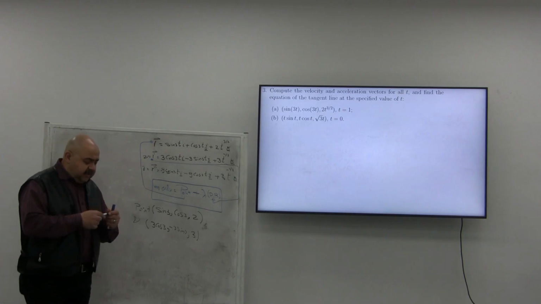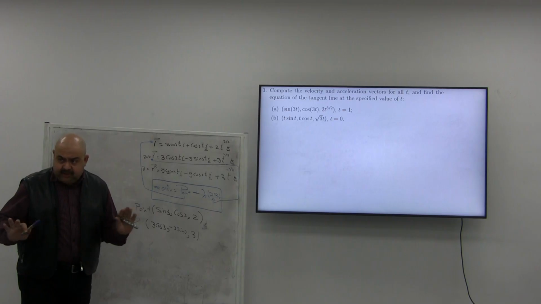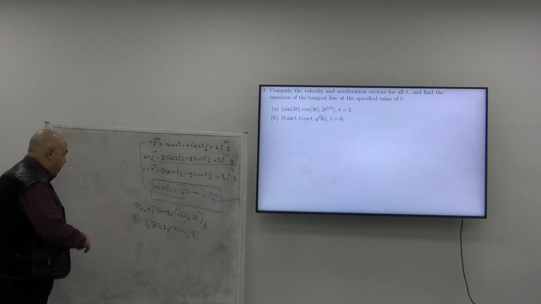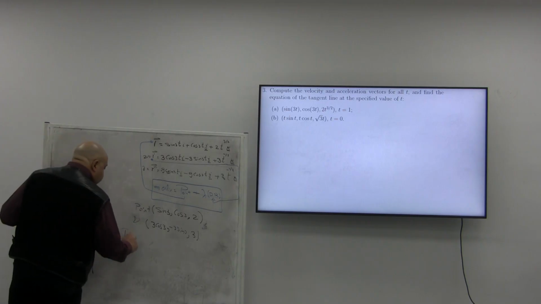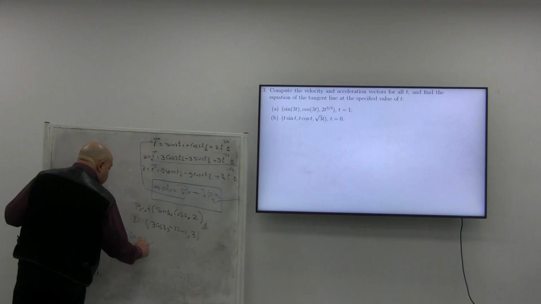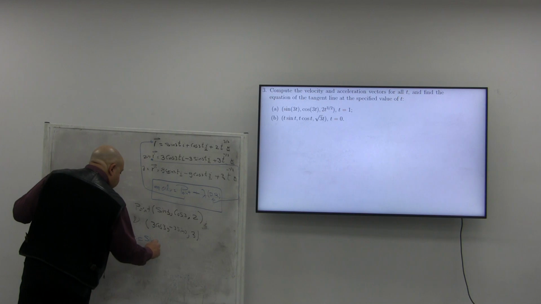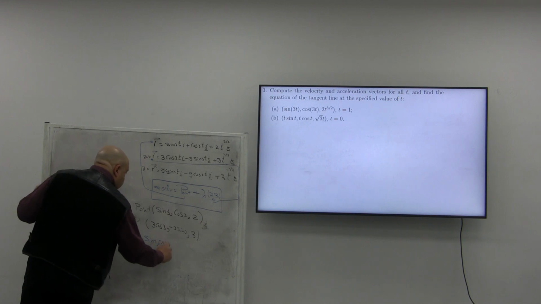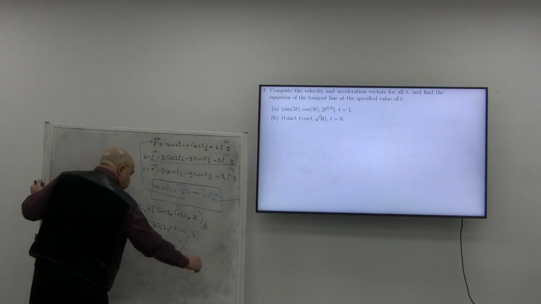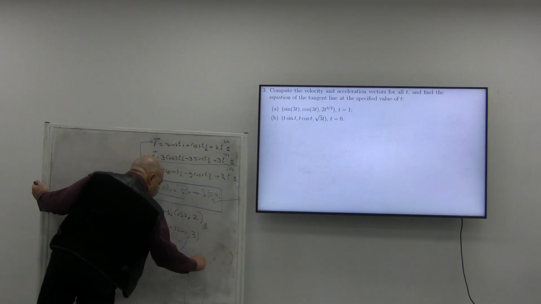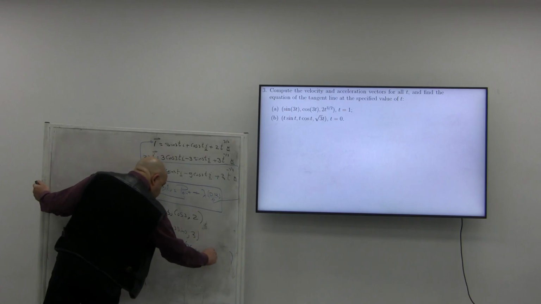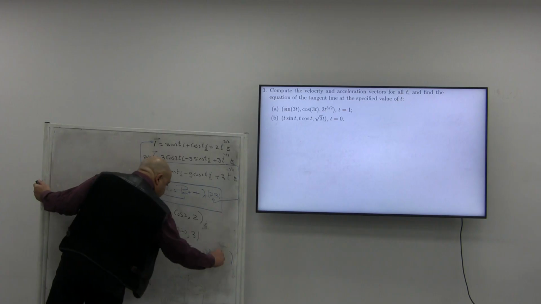Now I can write the equation of this straight line very simply. All I have to do is to get the tangent straight line equation. This is the point, which is going to be sine 3, cosine 3 and 2, plus lambda times the vector, I'm sorry, the vector value, 3 cosine 3, minus 3 sine 3 and 3.